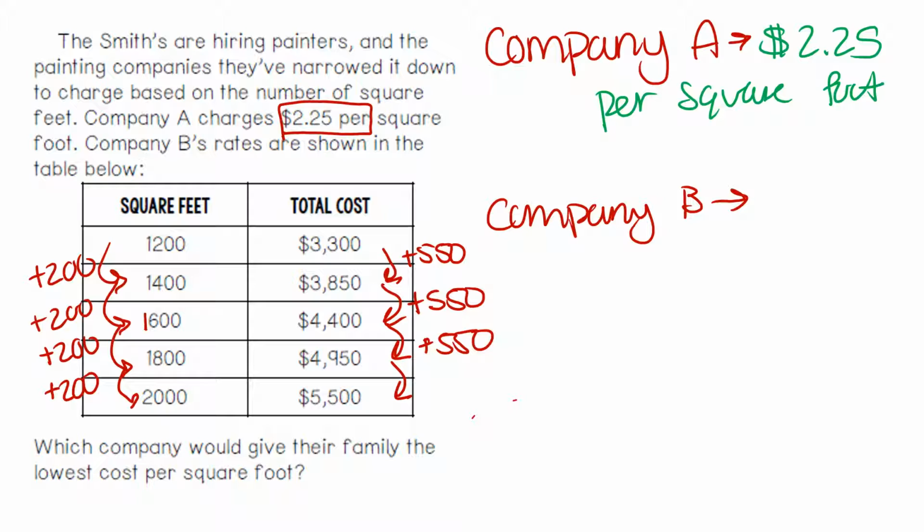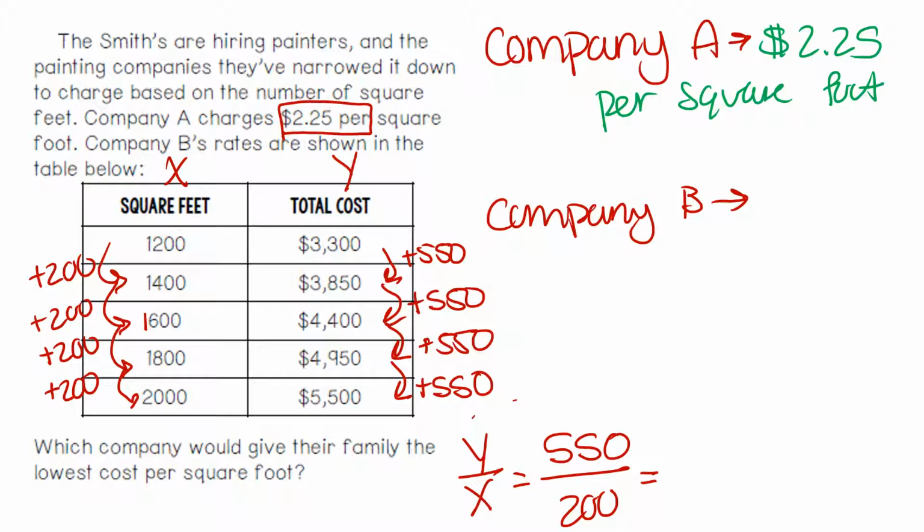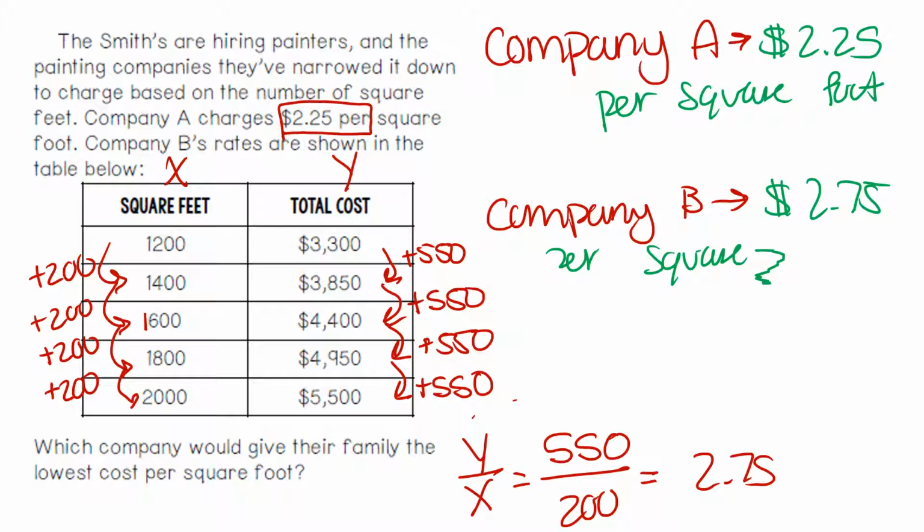And 4,950 to 5,500 is going up 550. When we write it as a fraction, y over x, in this case, 550 over 200. 550 divided by 200 is 2.75. So Company B is charging $2.75 per square foot.